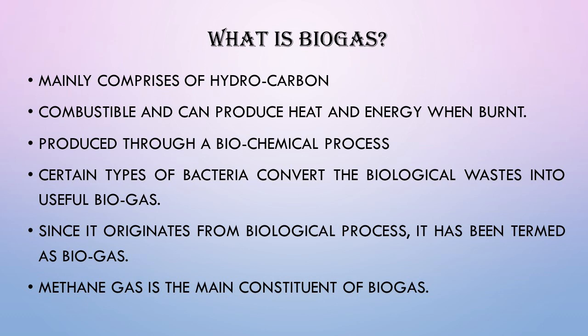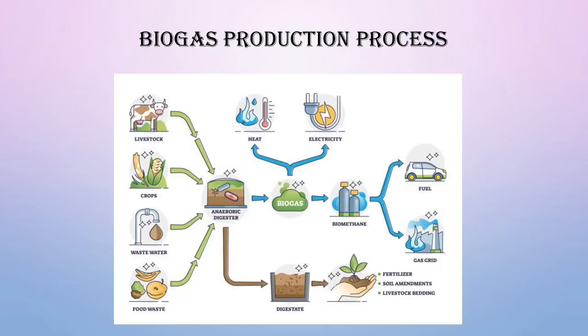Biogas production process. The process of biogas production is anaerobic in nature and takes place in two stages. The two stages have been termed as acid formation stage and methane formation stage.